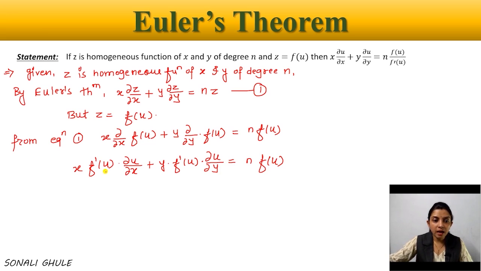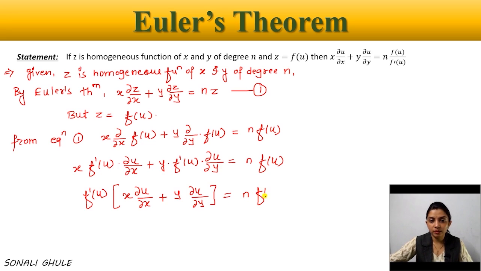Okay. Now see here, I can take this f dash of u common. So what is remaining? If I take f dash of u common, yes, x into dou u by dou x plus y into dou u by dou y is equal to n into f of u. Now I can divide by this f dash of u.